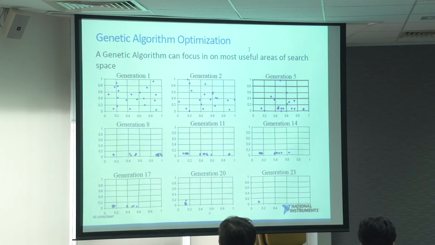It's based on real biological genetics. Let's say you can take a design and turn it into a series of parameters: lengths, widths, materials, whatever. And let's say you take all those parameters and turn them into a row of numbers, like on a spreadsheet. What you've done is created a chromosome. It's a series of instructions on how to build something.